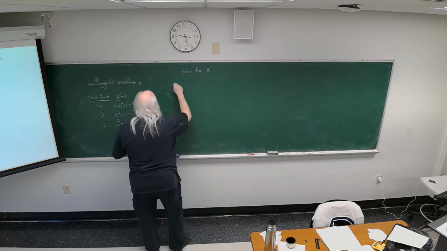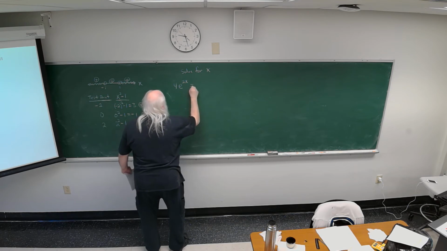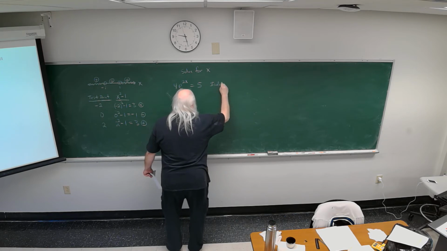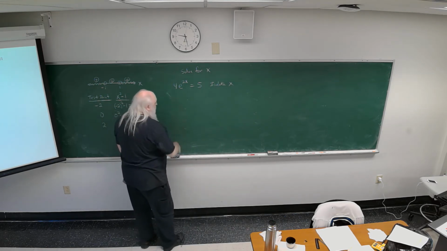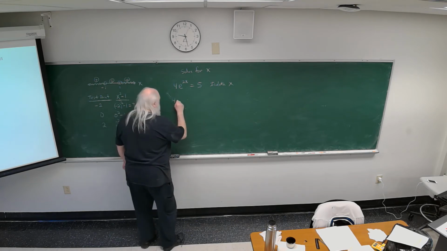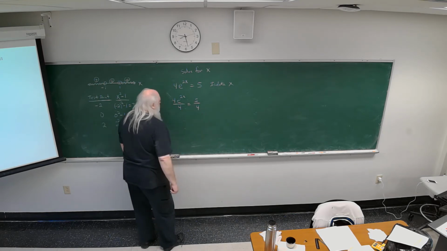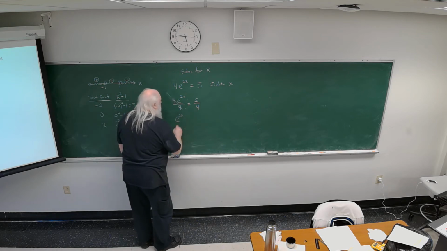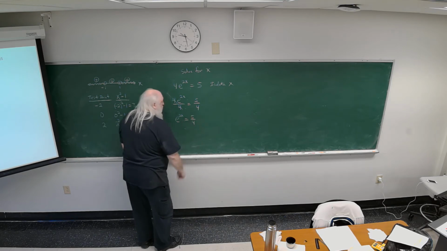So we have 4 times e to the 2x is equal to 5. So we've got to isolate x on one side of the equal sign. Well, this is a product on the left-hand side. So we can divide both sides by 4. The 4's cancel, and we're left with e to the 2x is equal to 5/4.